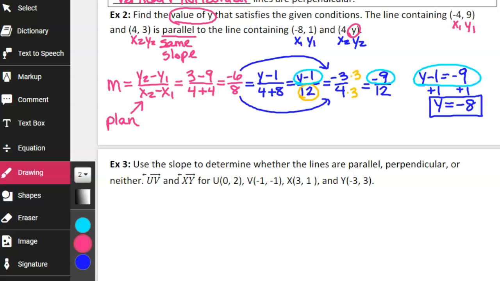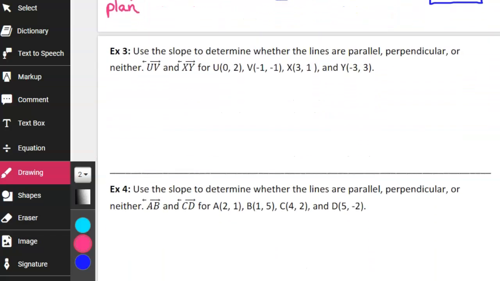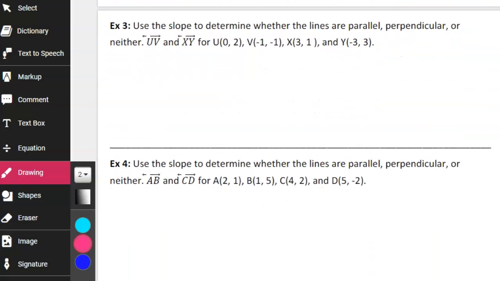Okay. So let's scroll down to the next page. Example 3 says, use the slope to determine whether the lines are parallel, perpendicular, or neither. Maybe they're just two lines floating in space with no special relationship.